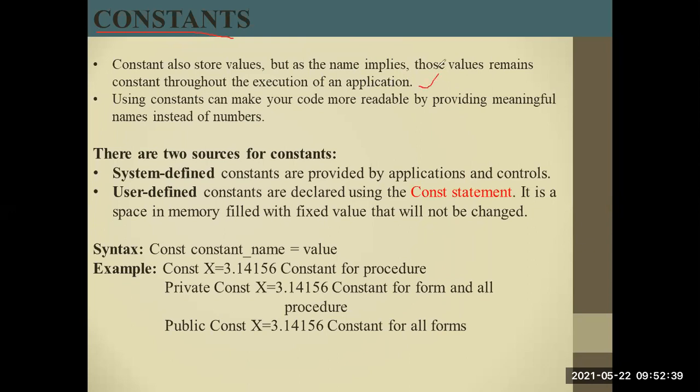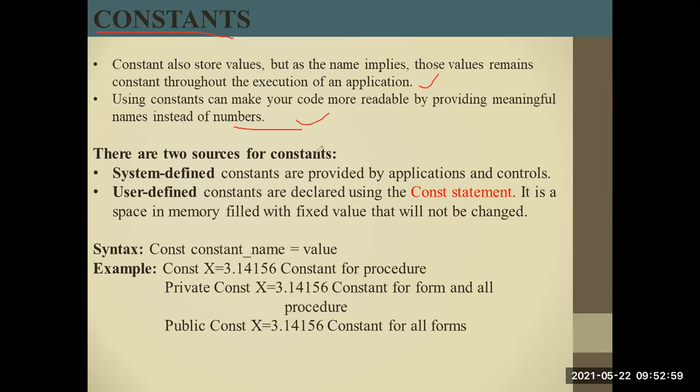That means we cannot change the value assigned to the constant. Using constants can make our code more reliable by providing a meaningful name instead of a number. Instead of storing the direct number, if I give a name to the particular number, it will be much more reliable.